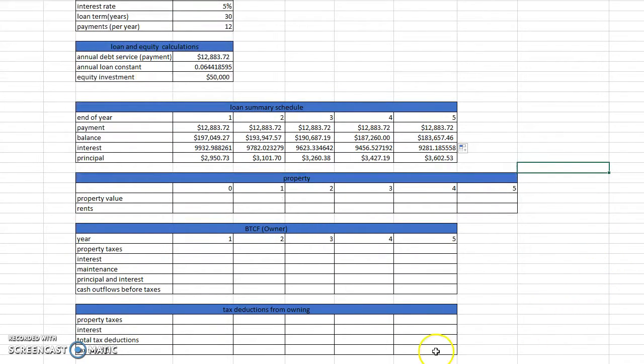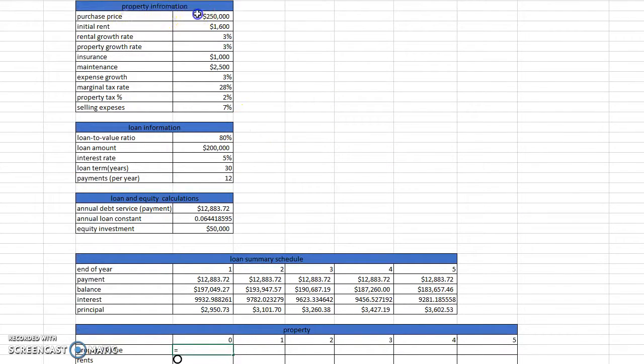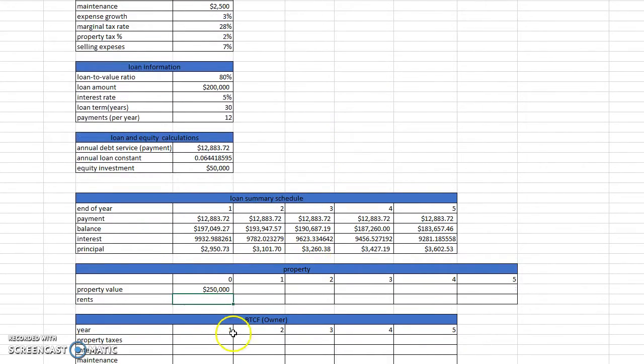Then we'll do the property value. And for the property value, the first one will be the purchase price. That's for year 0 for the value.